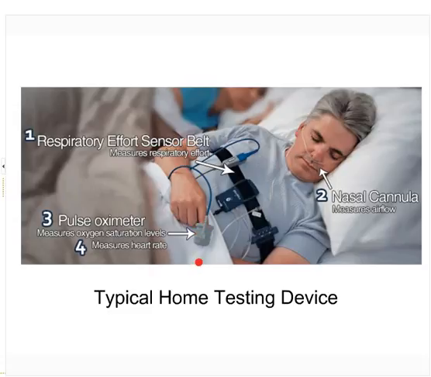So you have 4 channels, you have 3 devices, the pulse oximeter has two signals, so you have a total of 4 signals. And this is what we would call a level 3 device, and this is the quintessential home sleep apnea test that when CMS was thinking about approving this, this is what they had in mind.